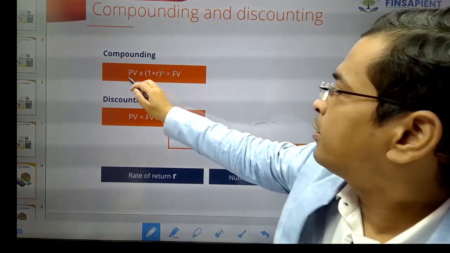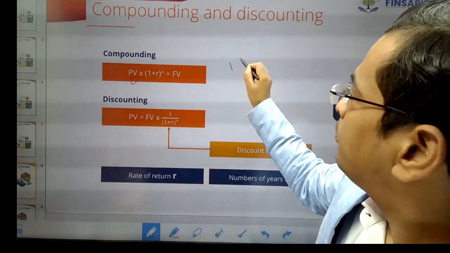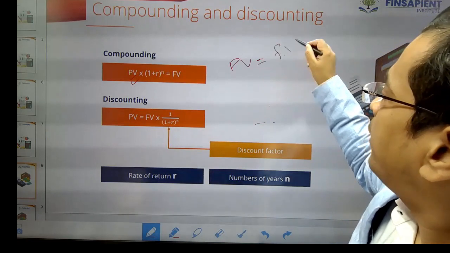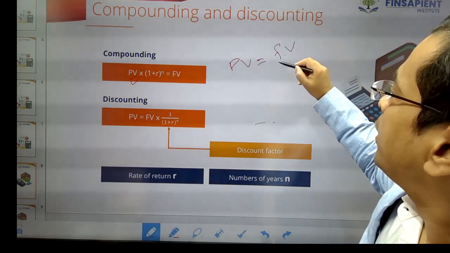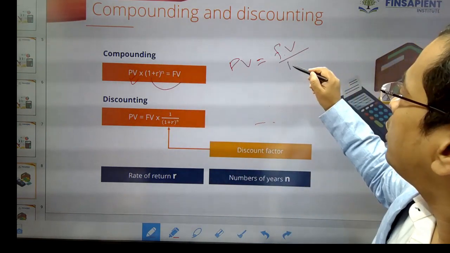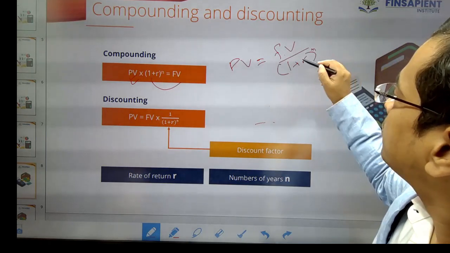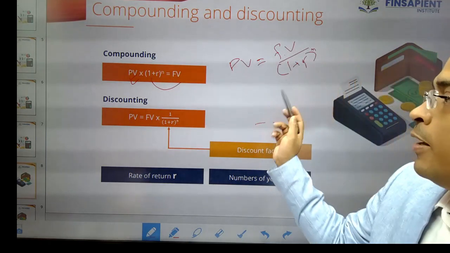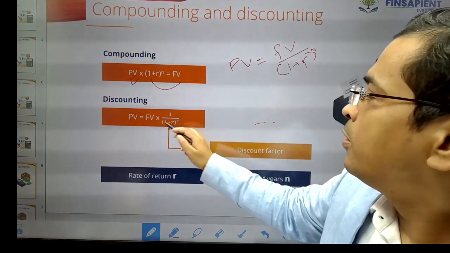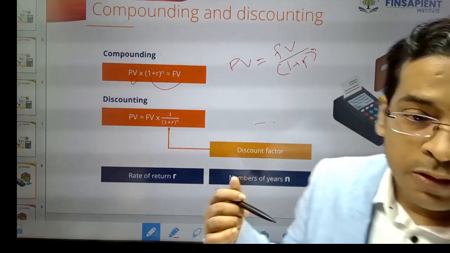If we want to calculate this PV, we can just transpose. So future value divided by 1 plus R to the power n. This is another way to calculate present value.